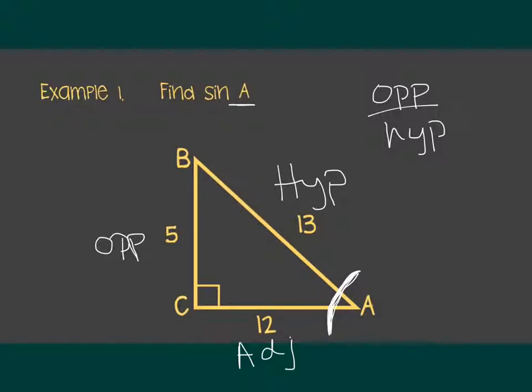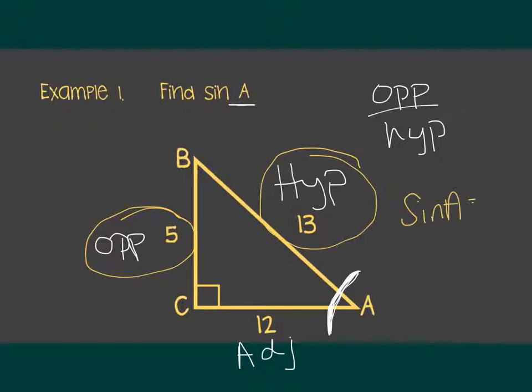Now I'm going to circle the opposite and the hypotenuse because those are the numbers that I'm going to need, and we make our fraction. The sine of A is equal to my opposite, which is 5, over my hypotenuse, which is 13. So that's the ratio.